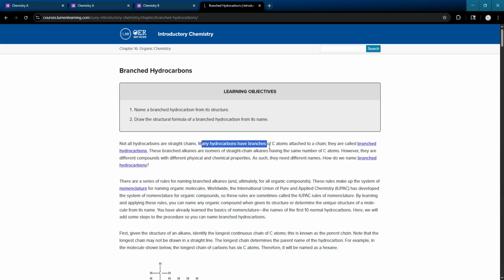Many hydrocarbons have branches of C atoms called branched hydrocarbons. These are alkanes or isomers of straight chains, alkanes having the same number of C atoms. Cool.